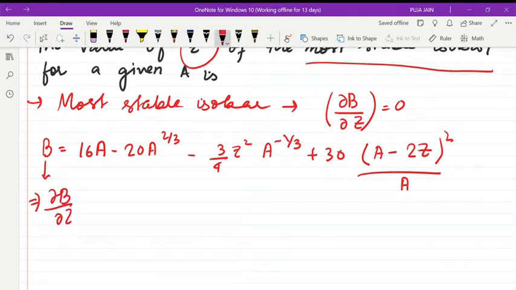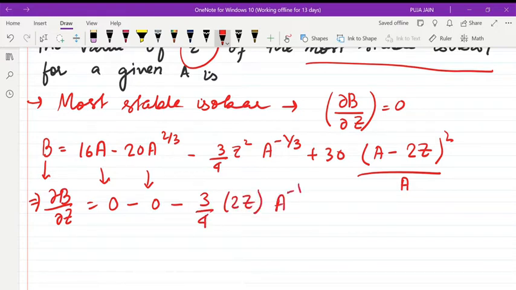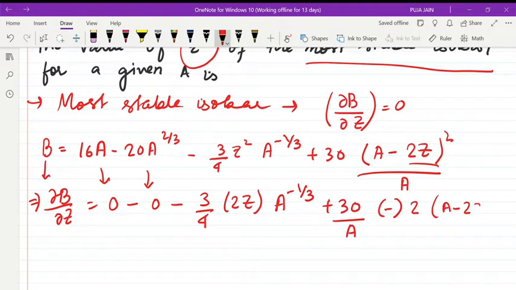What we will get? Here there is no Z term. Here no Z term. Here there is a Z term, so this one we will get 2Z A to the power minus 1/3 plus 30 by A. Here there is a Z term, so a minus sign will come to A minus 2Z. And here again for this 2 you will get 2.